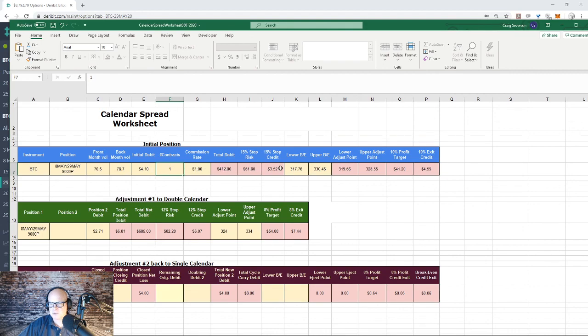That doesn't seem to work. Stop credit. Oh, I see. So $61. All right, that's what it is. So the lower break-even point is 84.23. So the yellow fields here are the ones that I can place in. 95.71.